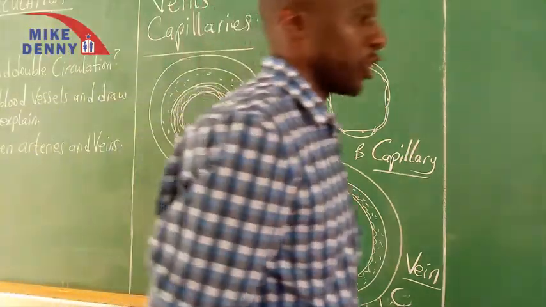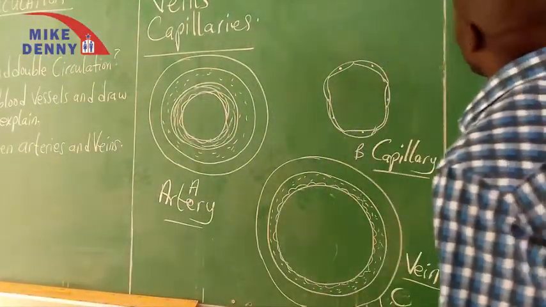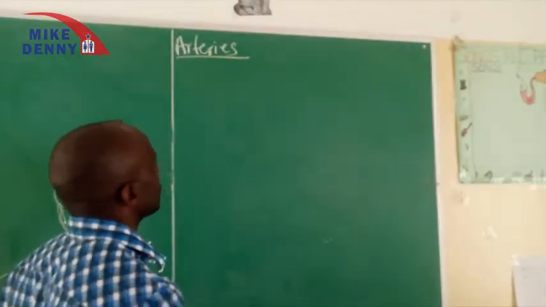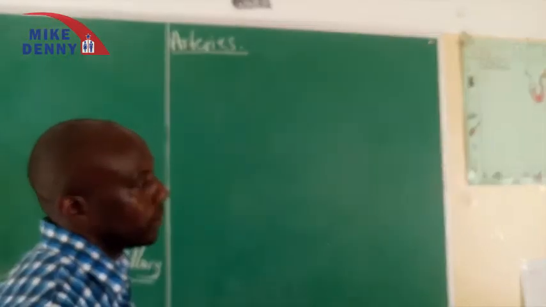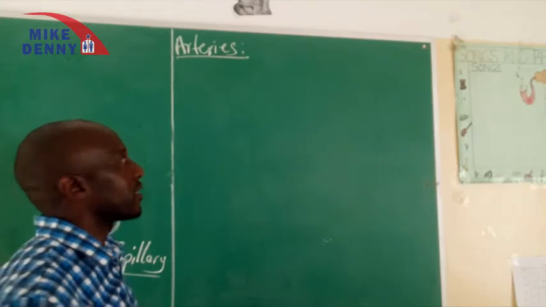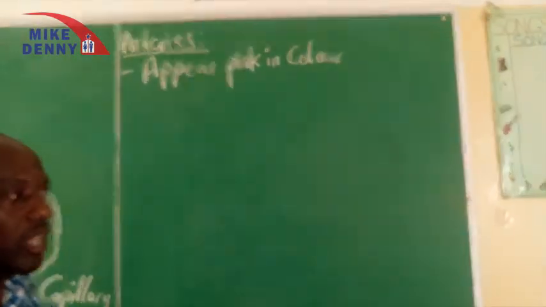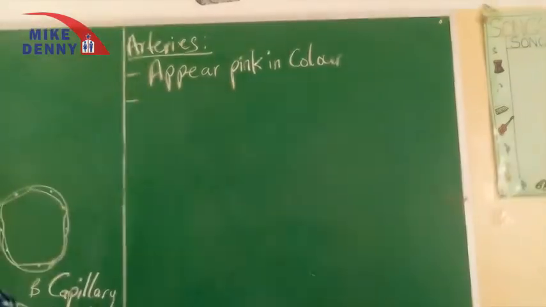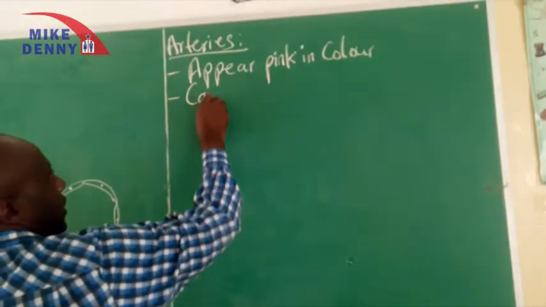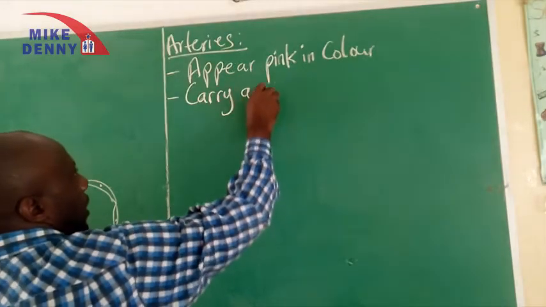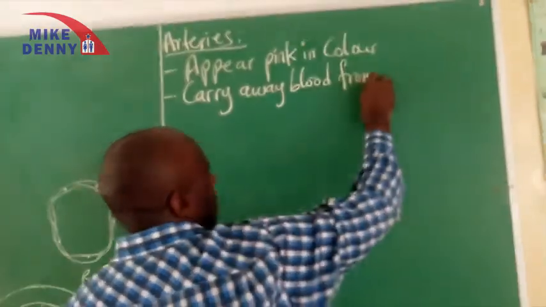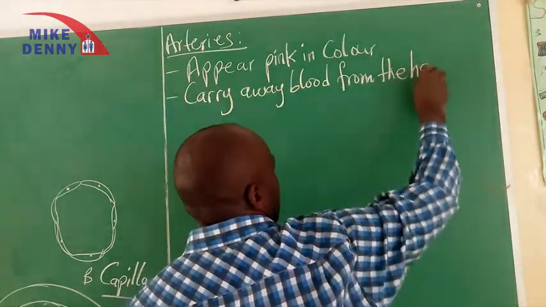What is the artery? We can look at the artery. So what are arteries? These arteries are blood vessels. They appear pink in color. Very important. These arteries carry blood away from the heart.